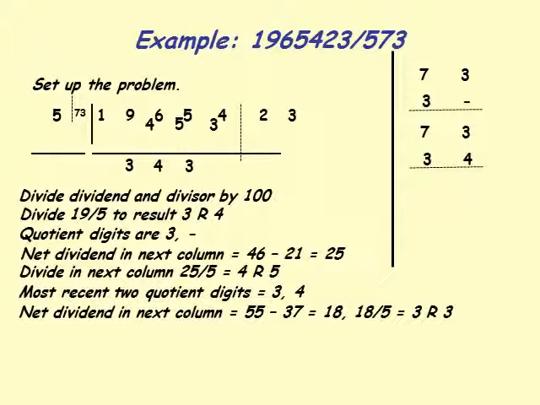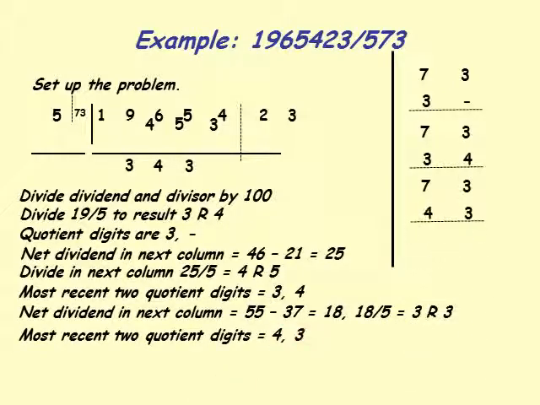Now most recent quotient digits are 4 and 3. So adjustment multiplication situation like this: 7 and 3 from the flag digits, 4 and 3 from the quotient digits.